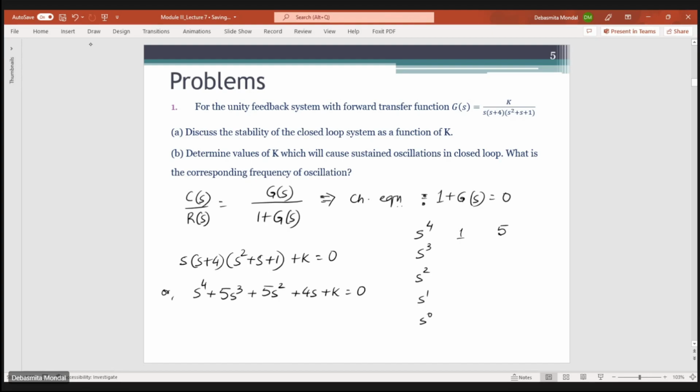And then there is K also, right? So you have the first term, the third term, and the fifth term, so there will be another term K, right?